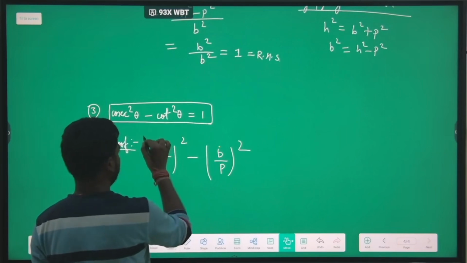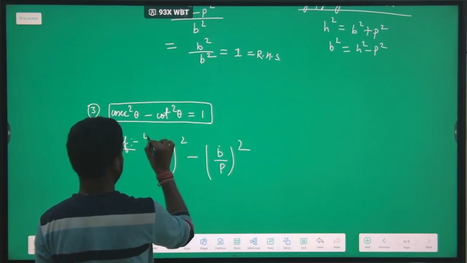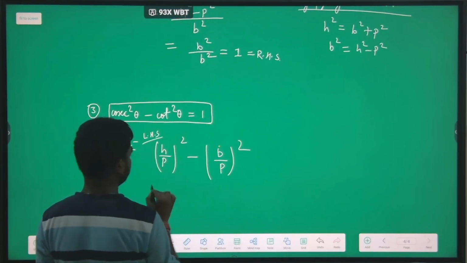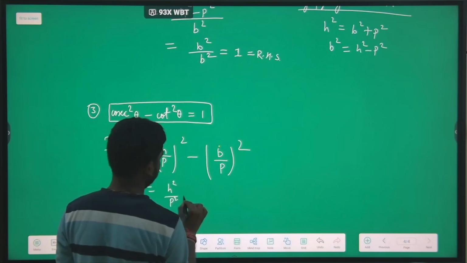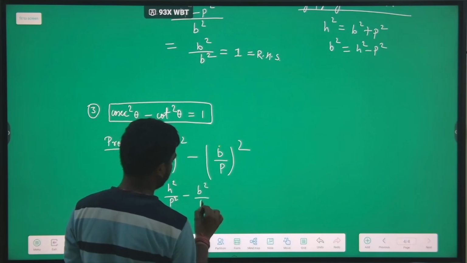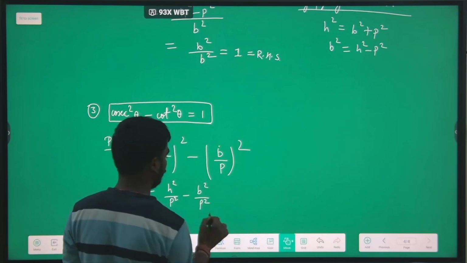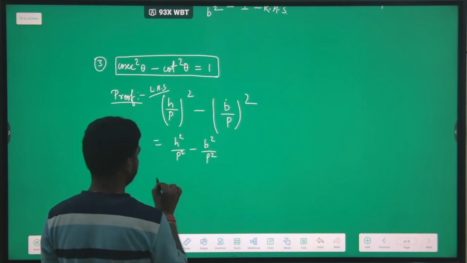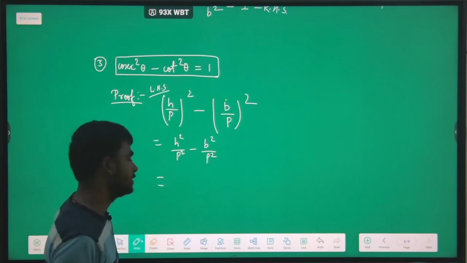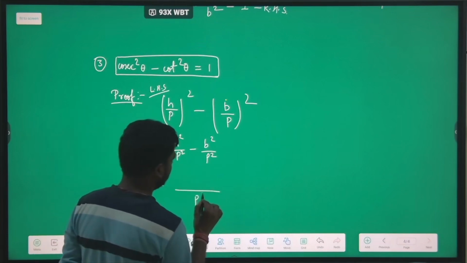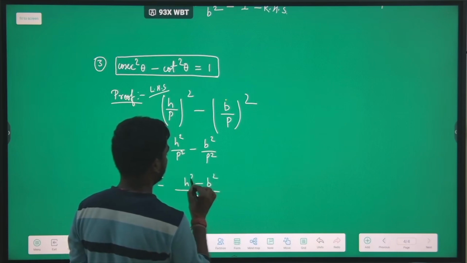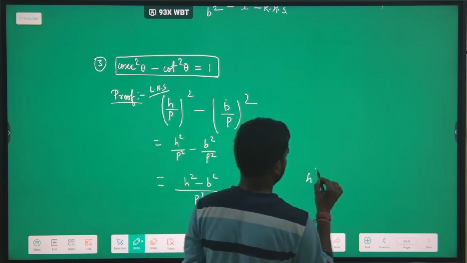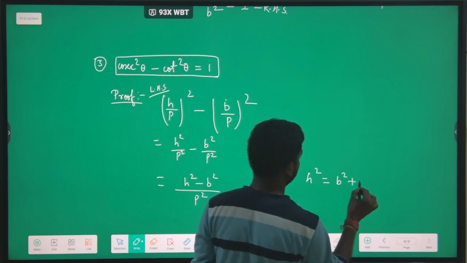We are moving towards our LHS. It will be H square by P square minus B square by P square. So P square will be the LCM, and in the numerator it will be H square minus B square. So we know that H square is equal to B square plus P square.